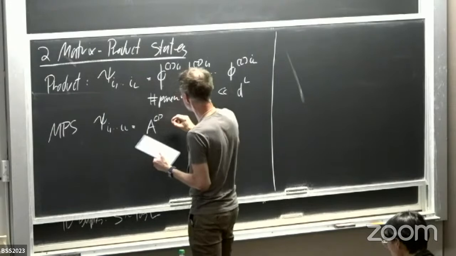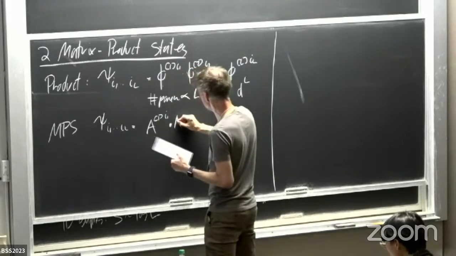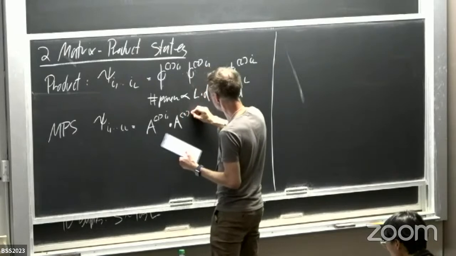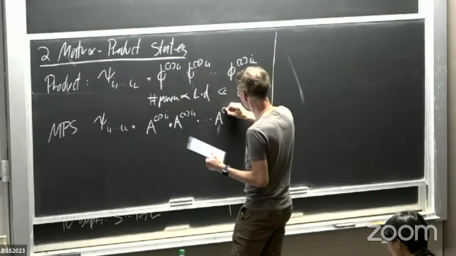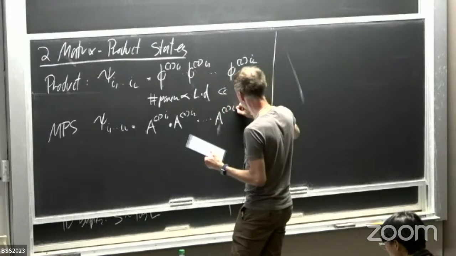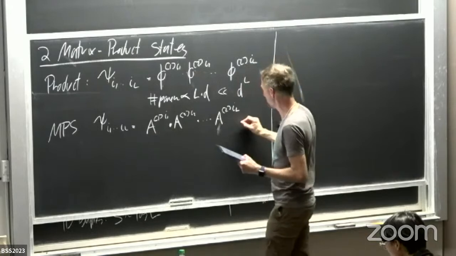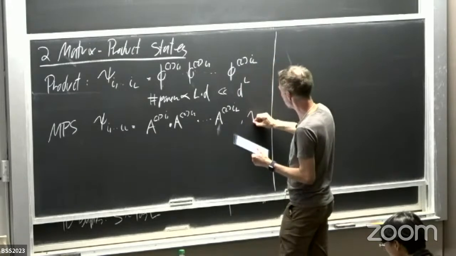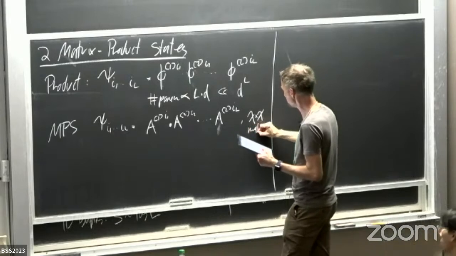So we have matrix A1 of I1, now this is a matrix product, A2 of I2, and so on up to A L of IL. And now, if I just multiply these matrices, right? These are chi times chi matrices.